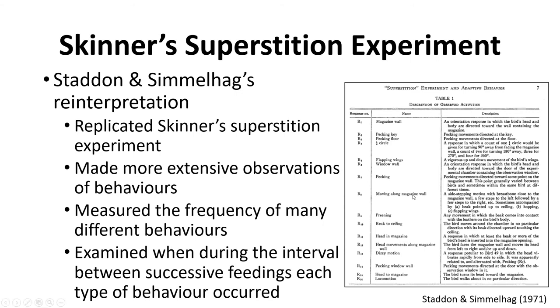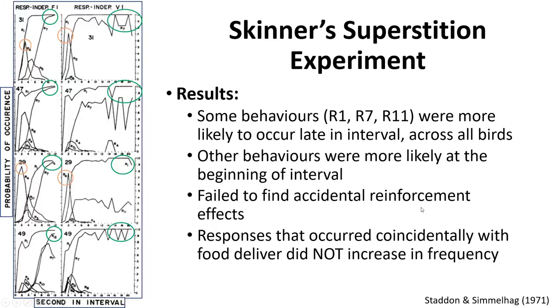And so some of the things they were looking at were interaction with the magazine wall where the food was, pecking a key, pecking the floor, turning in a circle, flapping their wings, and so on and so forth. So they had lists and lists of different behaviors that they recorded, and not only did they record the frequency of those behaviors, they also recorded when they occurred in time across all of the trials that were observed repeatedly.